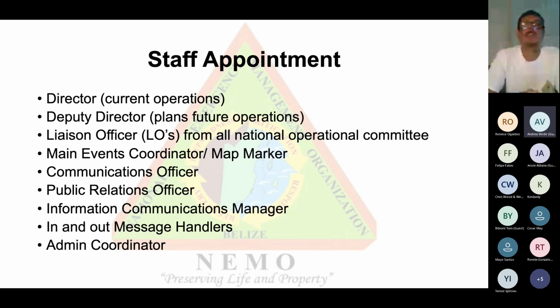An administrative coordinator, again, helps to deal with some of the logistics and the general needs of the staff within the EOC, whether they need support with equipment, or the preparation of meals and that kind of thing.